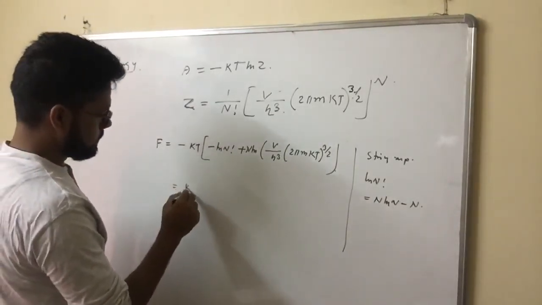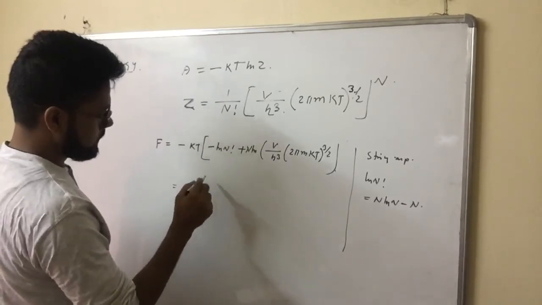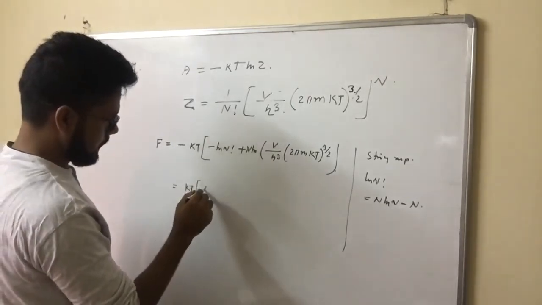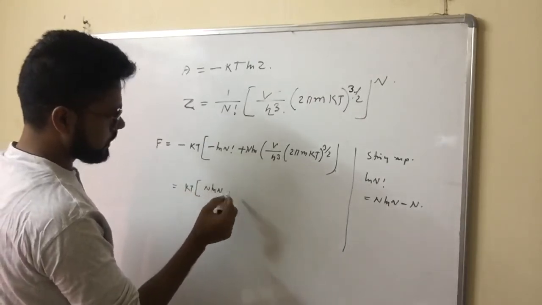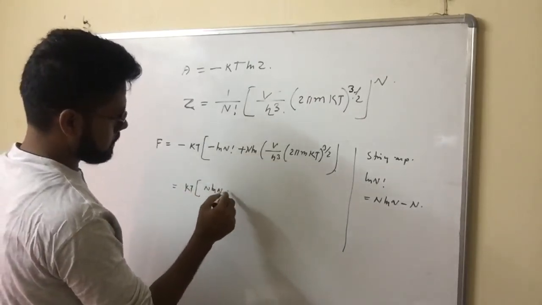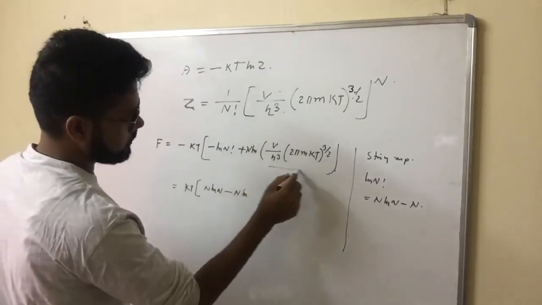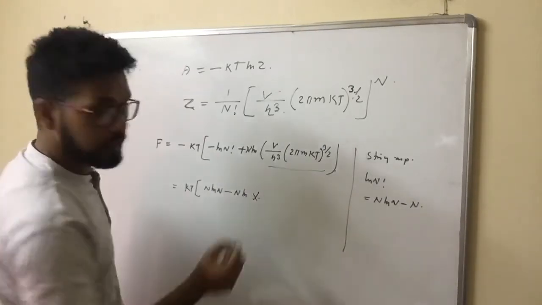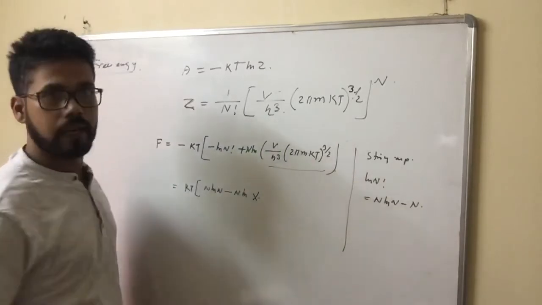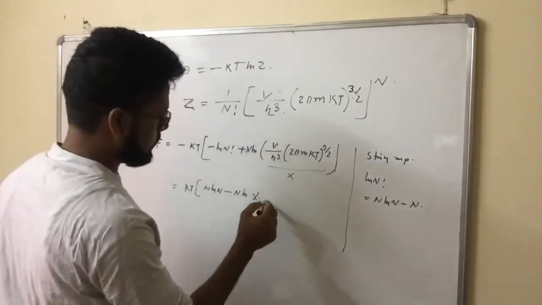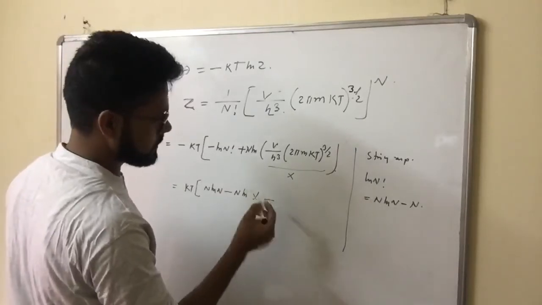So kT, I remove the minus, so it will be n ln n minus n ln of this part. The whole part I am writing only as x, so do not confuse. I am not going to write this part. This whole part is represented by x, and minus that, plus n.